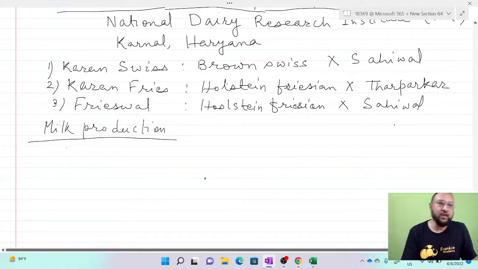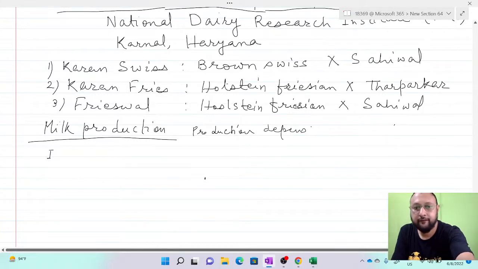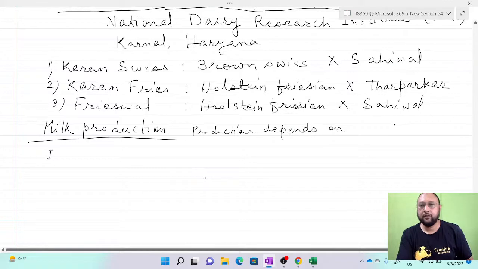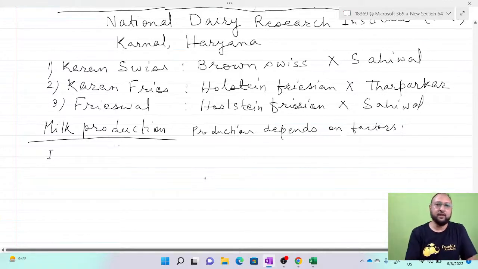Milk production depends on factors. What factors? Such as the influence of breeds.